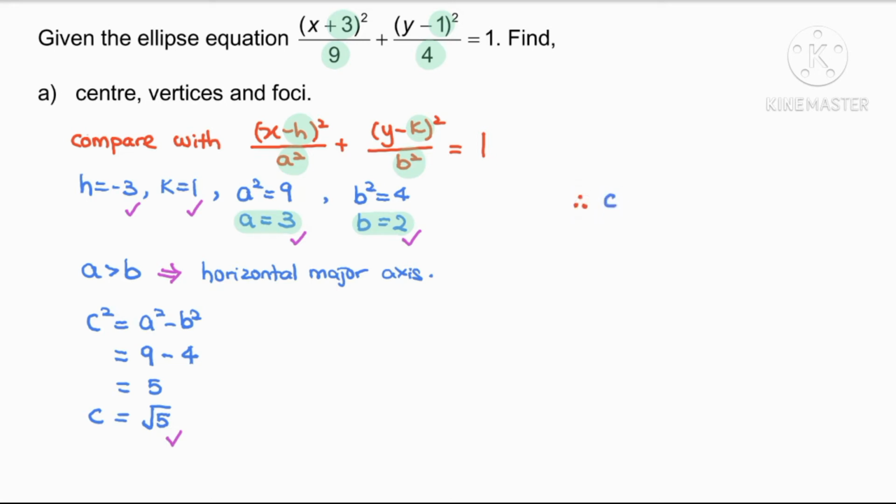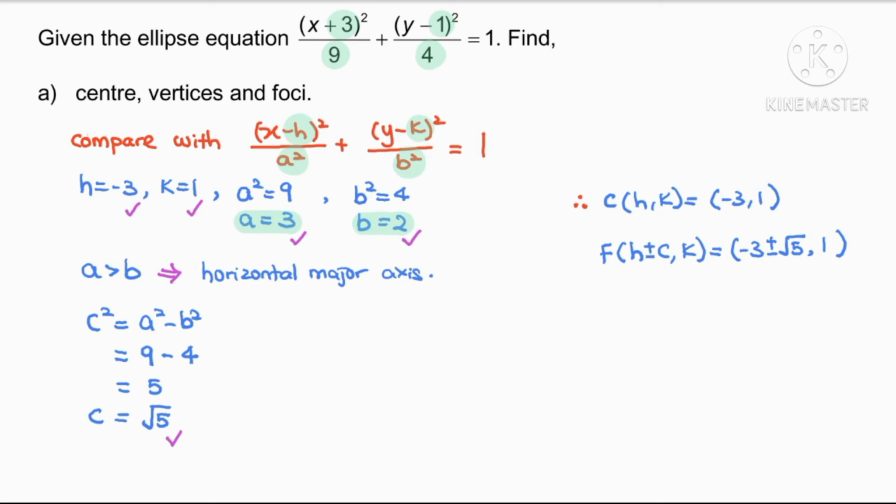So the center (h, k) has the coordinate negative 3, 1. Next, the foci are (h ± c, k). So we have (−3 ± √5, 1).